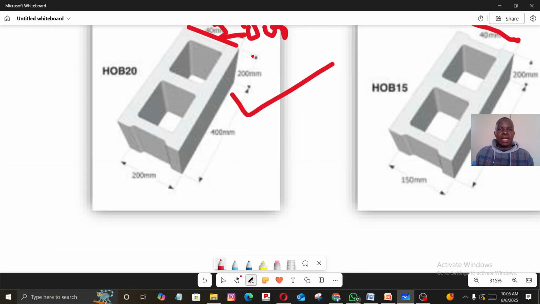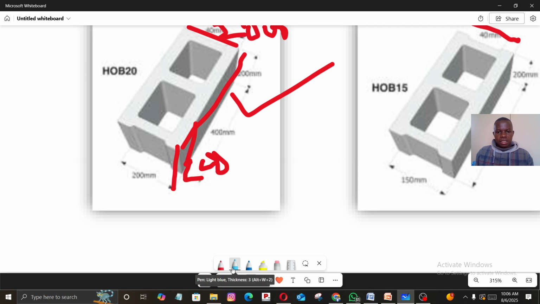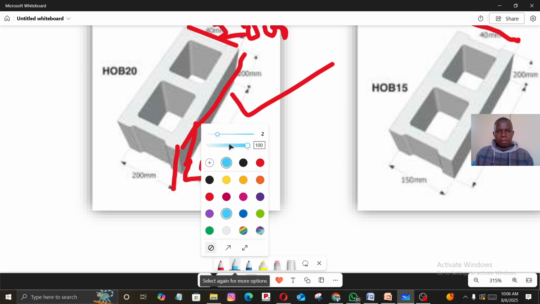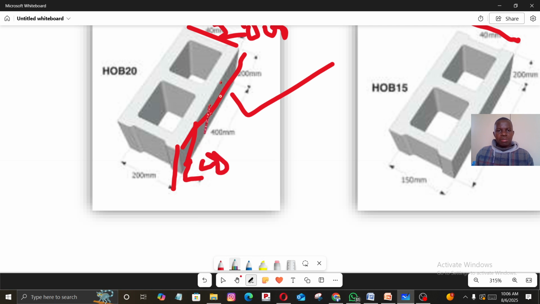So this is 200 versus 400, and this side here will be 200. Remember, this is the side that we'll be estimating.